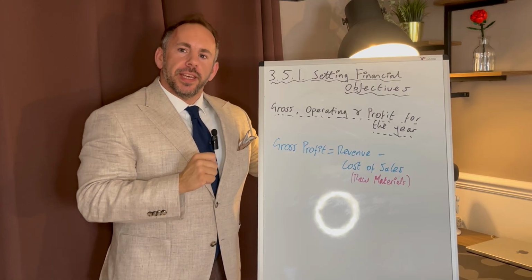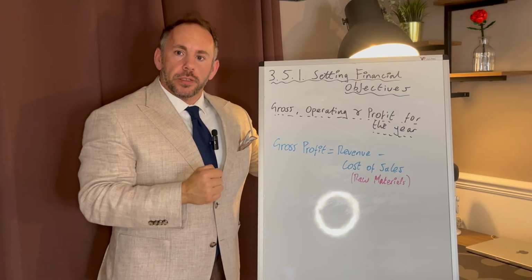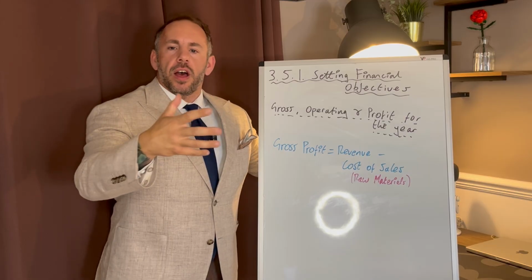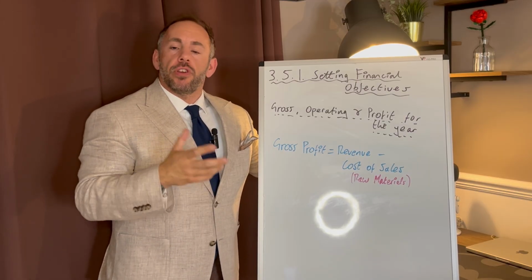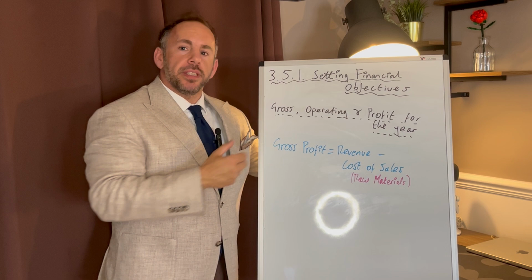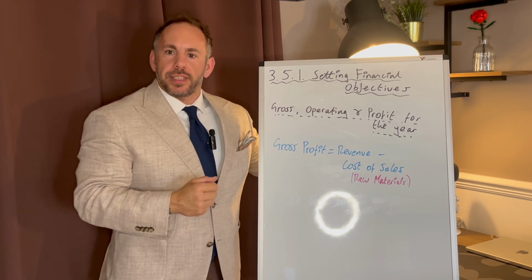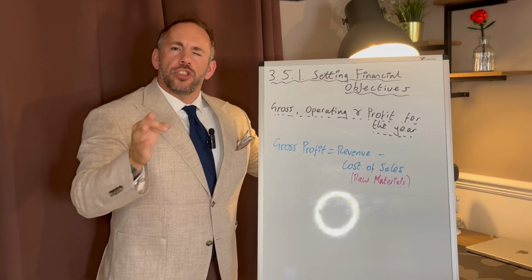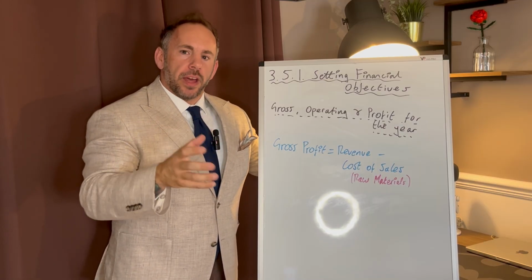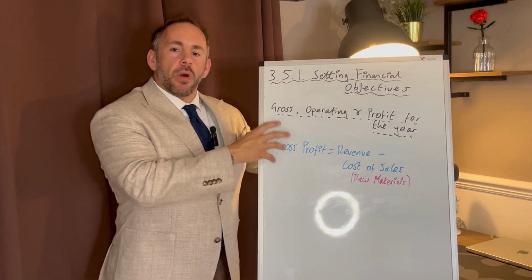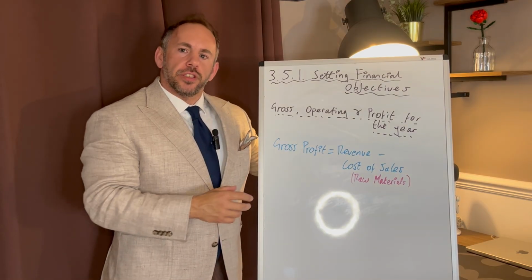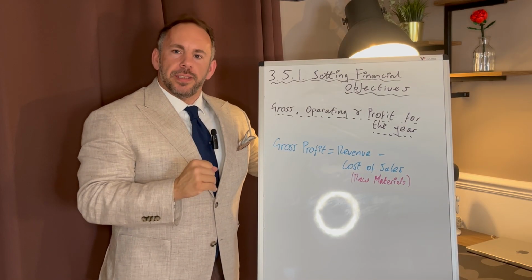Where this becomes tricky is if you provide a service. So I often like to teach this via a hairdresser example, because if you're a hairdresser, your raw materials are probably things like shampoo and conditioner, maybe products that the clients get in their hair, etc. So you probably don't have a very large amount of raw materials. That's why this calculation and the following calculations become a little bit more useful to businesses.